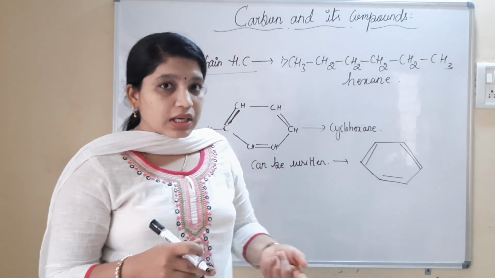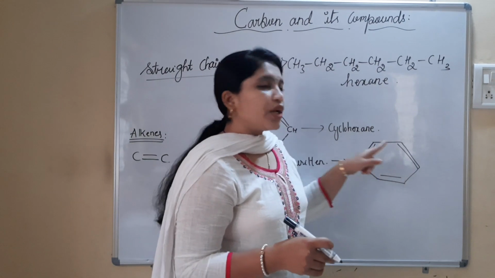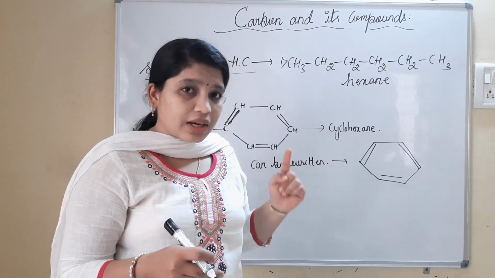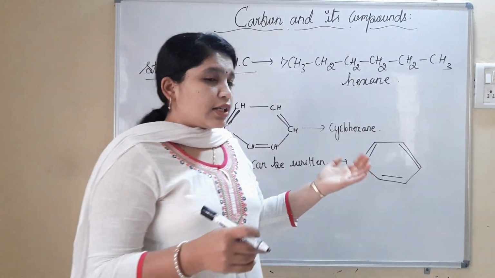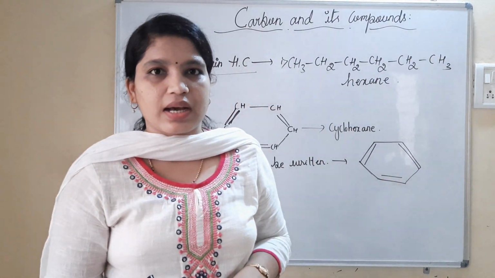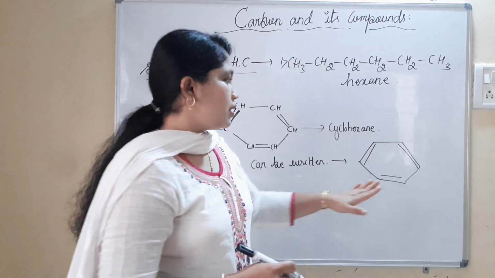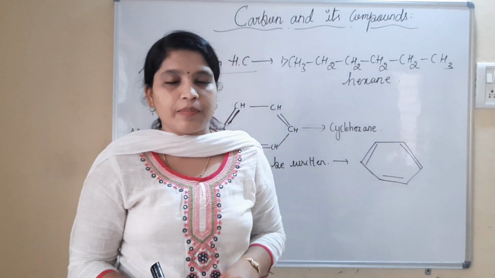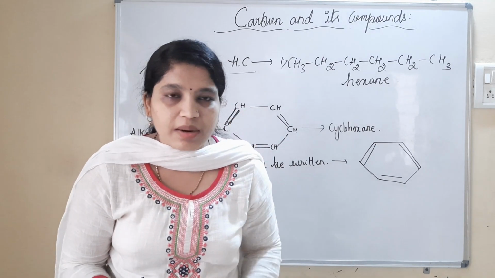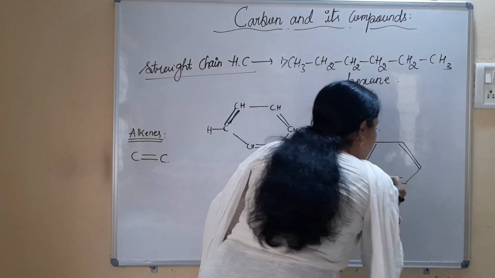Cyclic, but still there is a presence of alternating single and double bonds. That presence of alternating single and double bonds gives a special property to this cyclic hydrocarbon, which is considered an aromatic hydrocarbon. This is the structure for benzene. Benzene is considered the king of aromatic hydrocarbons. So the benzene structure is like this.